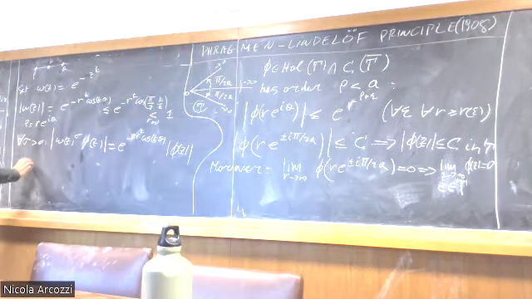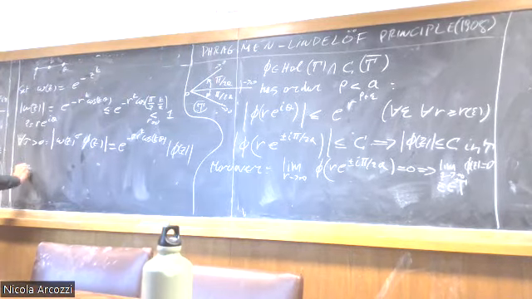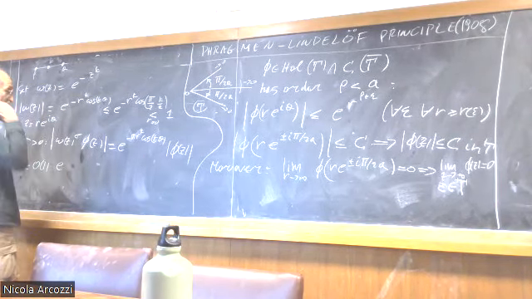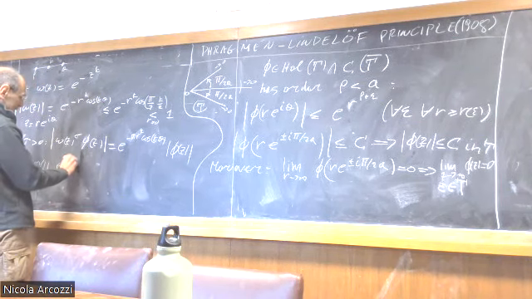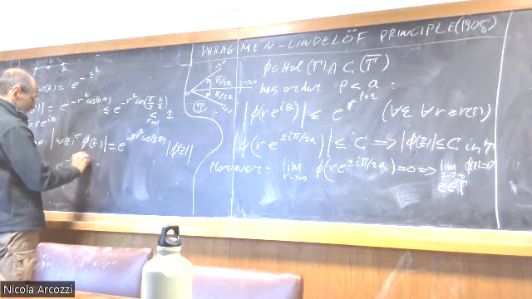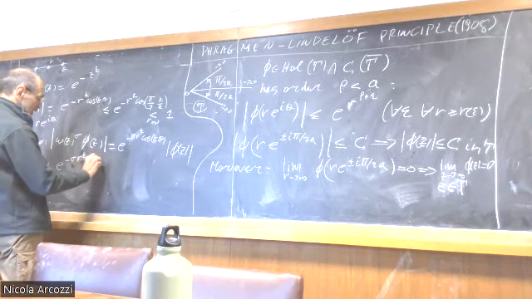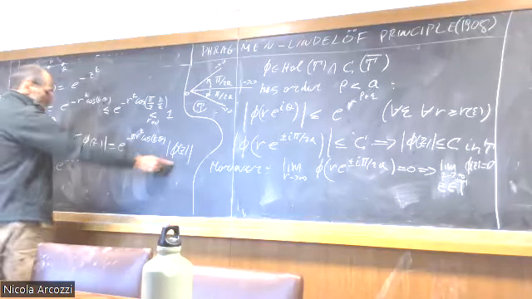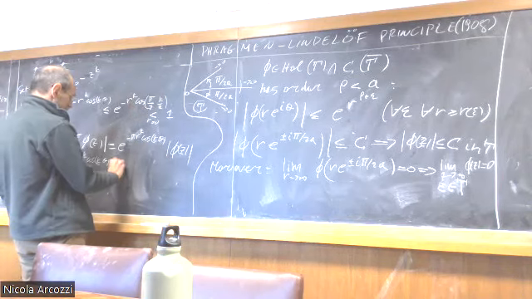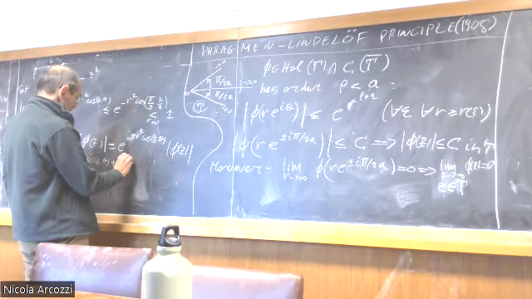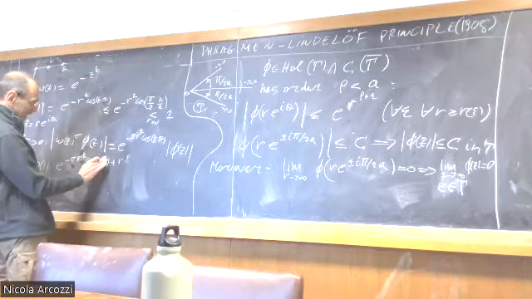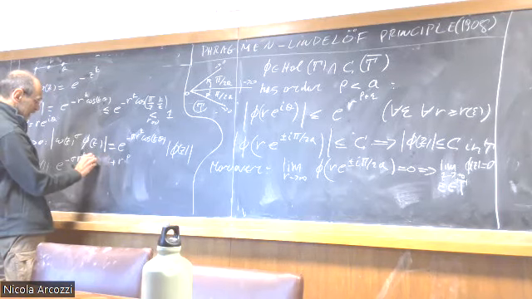So this is really like a big O of 1 times exponential of minus sigma r to the k cosine k theta, plus r to the rho plus epsilon.